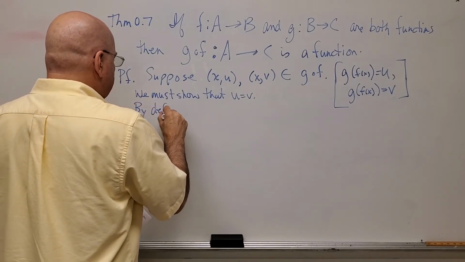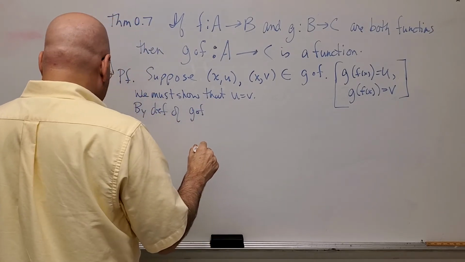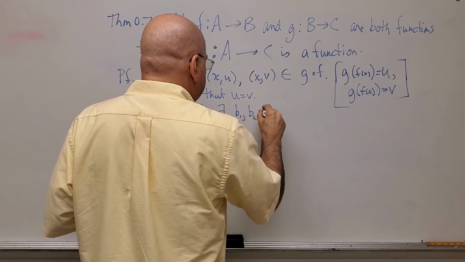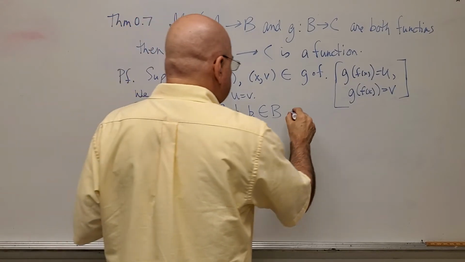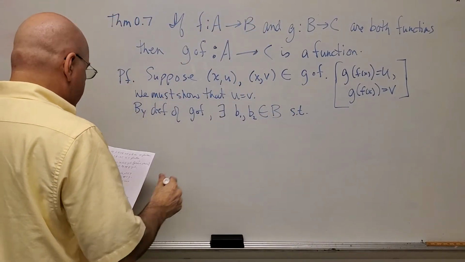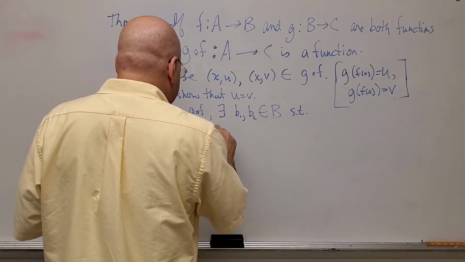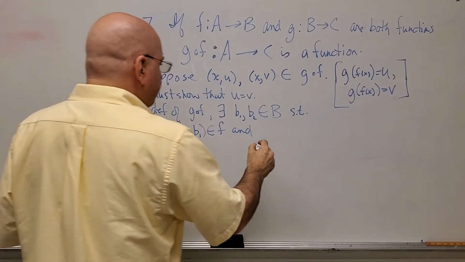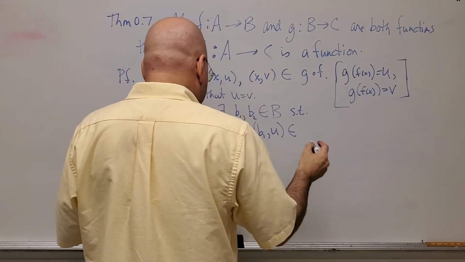By definition of g composed with f, there exists a b1 and a b2 in B such that the following holds, and we're doing nothing but the definition. x comma b1 is an element of f, and b1 comma u is an element of g.